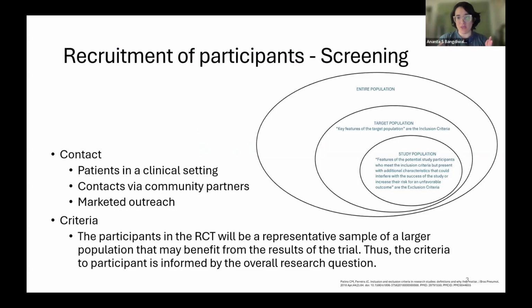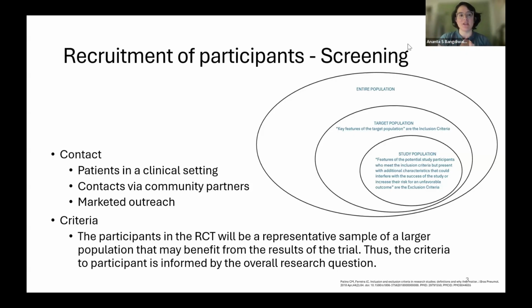We'll start off with recruitment of participants, screening. To begin, you're first making contact with potential participants. Many times in a clinical trial, this is patients in a clinical setting. This could also be contacts via community partners or marketed outreach.